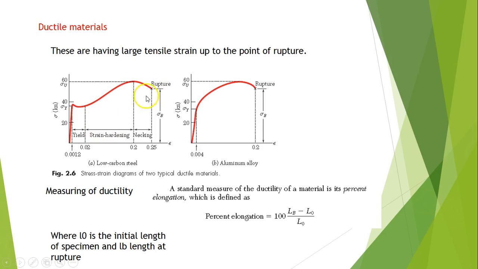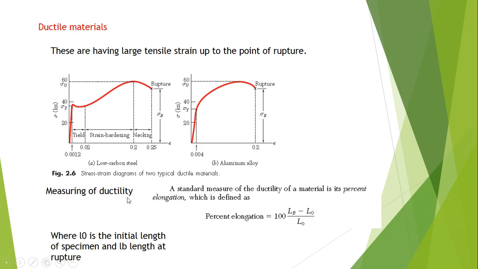In order to reach rupture, we have strain starting from point 0 until the end at point 25, so we have a considerable strain range. While for the aluminum alloy, as compared, we also have a linear portion and the strain varies from 0.004 till 0.2 until we reach rupture.